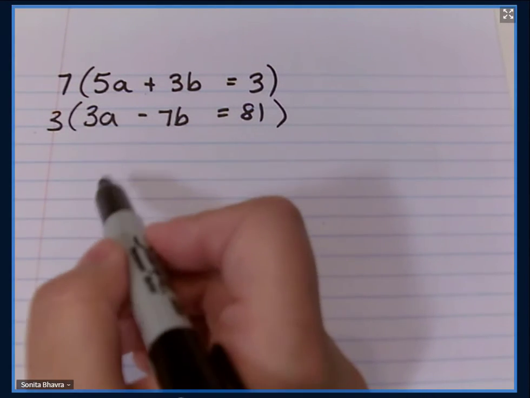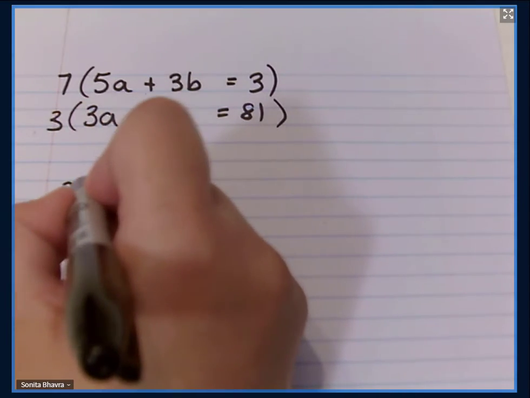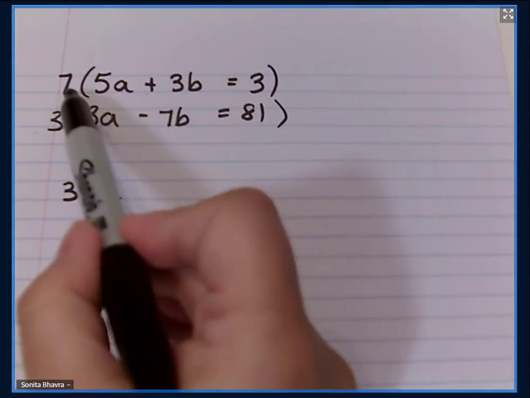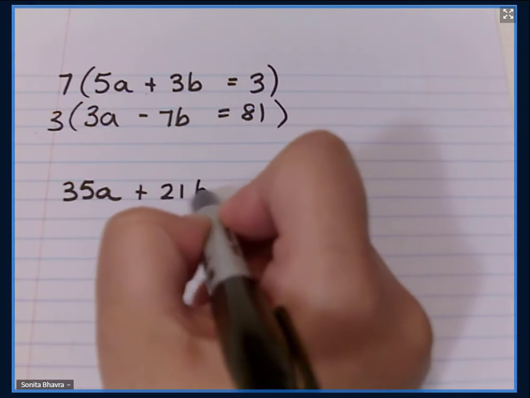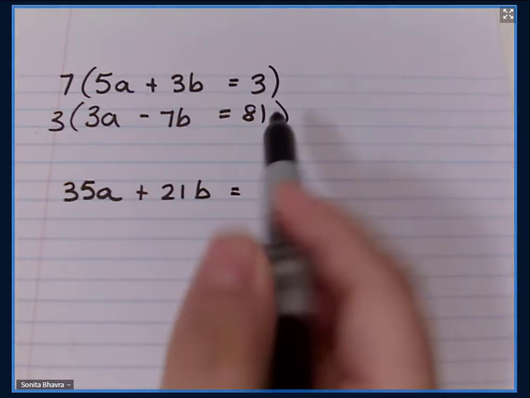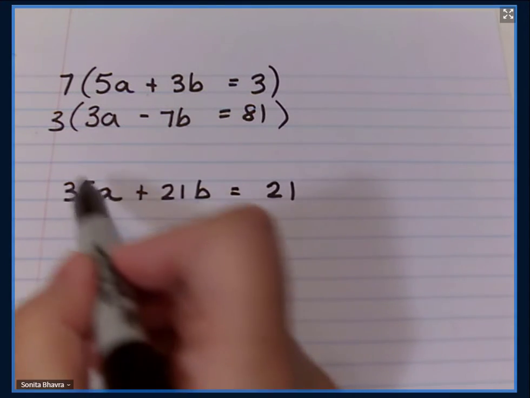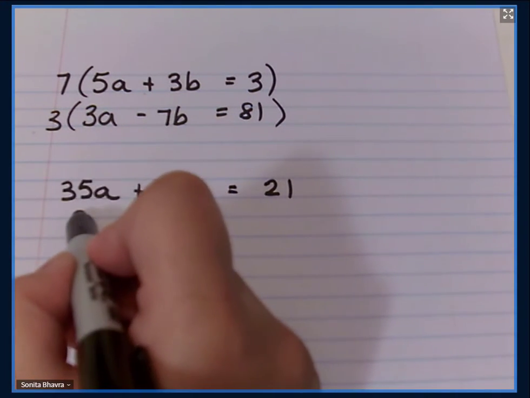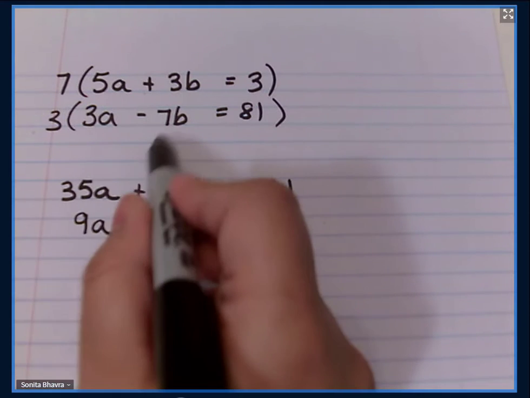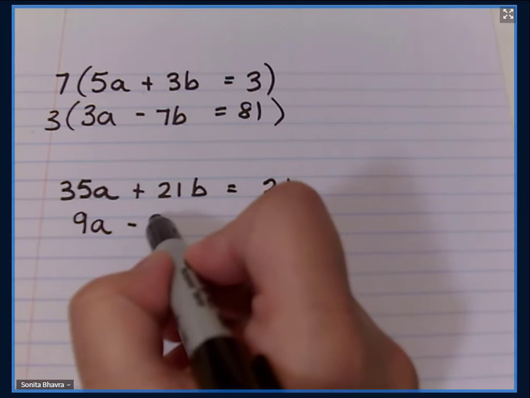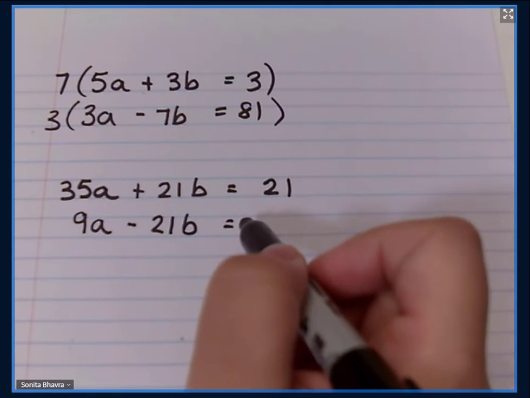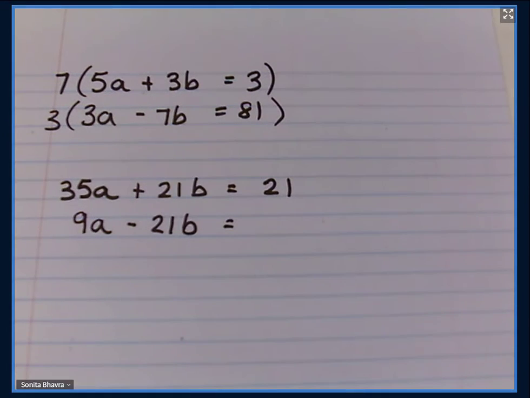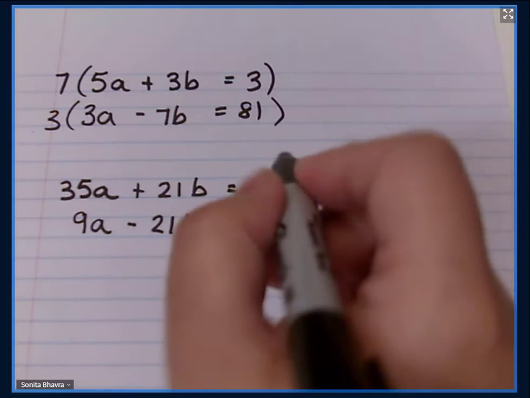The first equation gives me 35a, and then 7 times 3b, that's plus 21b, equal to 21. Next, the bottom equation: 3 times 3a is 9a, 3 times -7b is -21b, and 81 times 3 is 243.